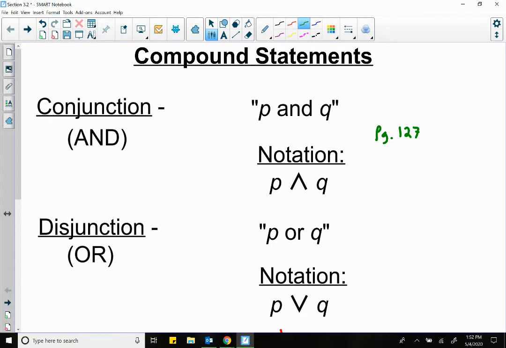On page 129, there's really only one way to write ors.